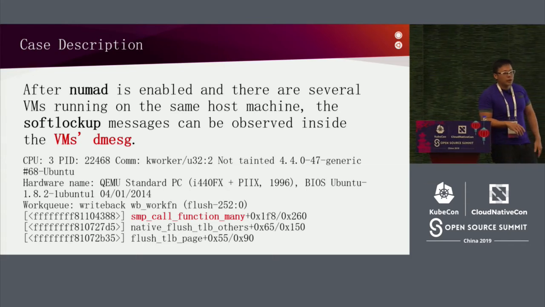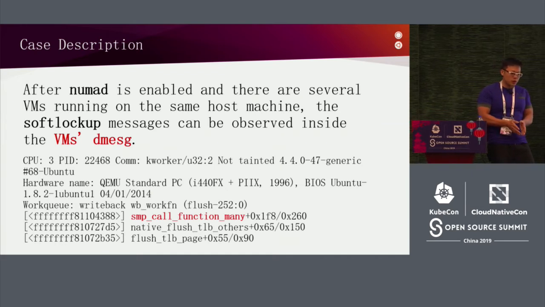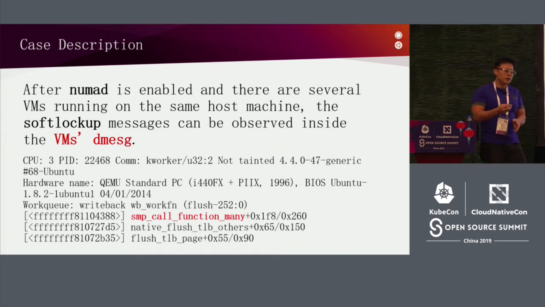If you see this line, it means that it is stuck on IPI, because the TLB flush is unlike ordinary memory operations. You can see in this line that it's stuck. But why IPI? If an IPI is sent, then it gets stuck because it's waiting for another CPU.